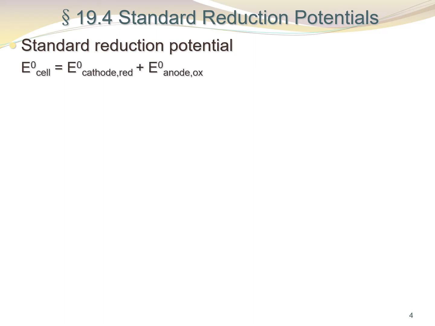So once we have the standard reduction potential of the cell, we need to take a close look at it. According to our discussion of a potential cell, we realize that the standard potential of cell actually is equal to the standard potential of cathode undergoing reduction plus the standard potential of anode, which is undergoing oxidation.